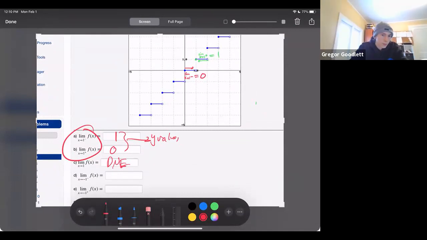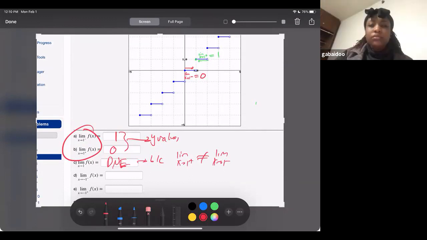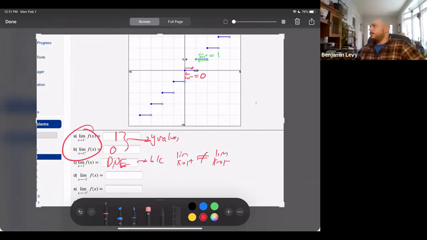Just DNE, okay. So it's a DNE because the right-hand limit does not equal the left-hand limit. Is that okay? And did Janetta ask that one? I wasn't really sure. I can't remember who asked that one. I think you're muted, but I think I saw you mouth the word yes.